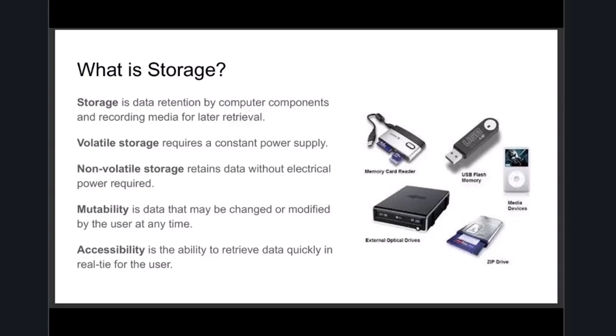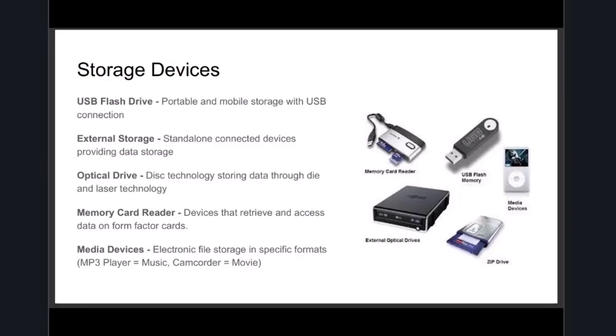Your common forms of optical storage will be CD-ROMs, DVDs, and Blu-ray. We also can use storage devices as external storage. External storage will be standalone devices that will store data that we can connect to our computers to be able to access the different files and directories that we wish.